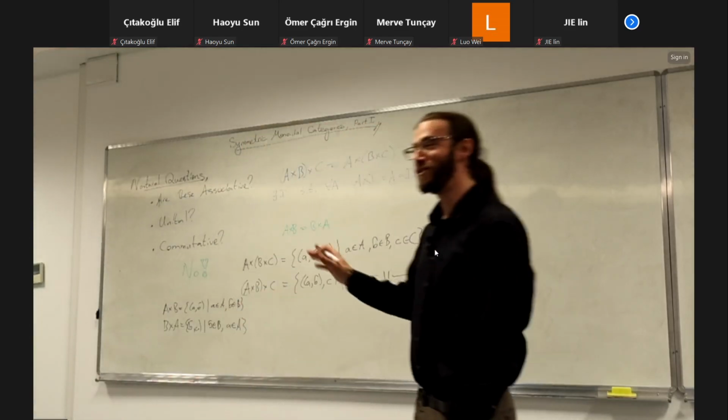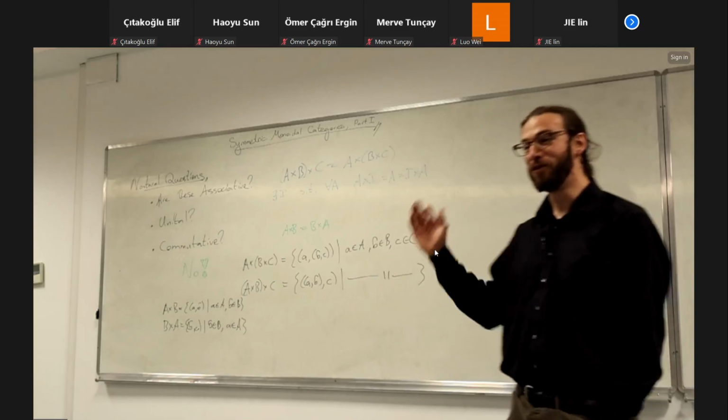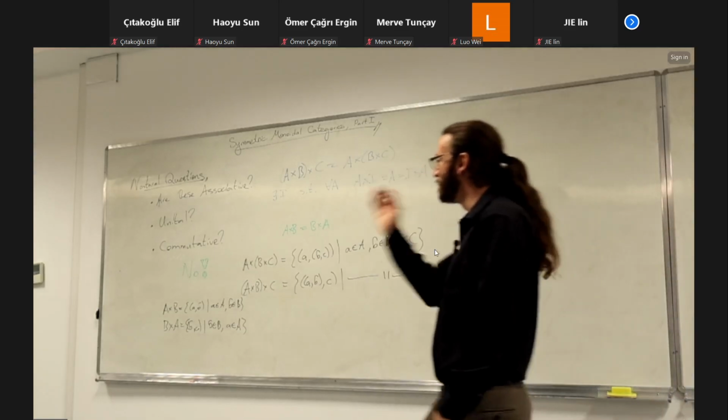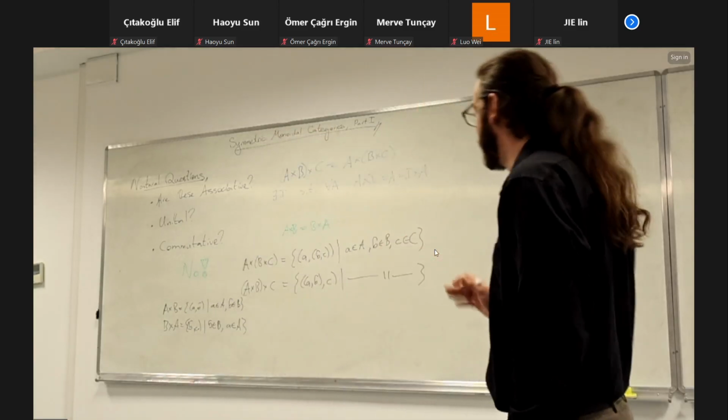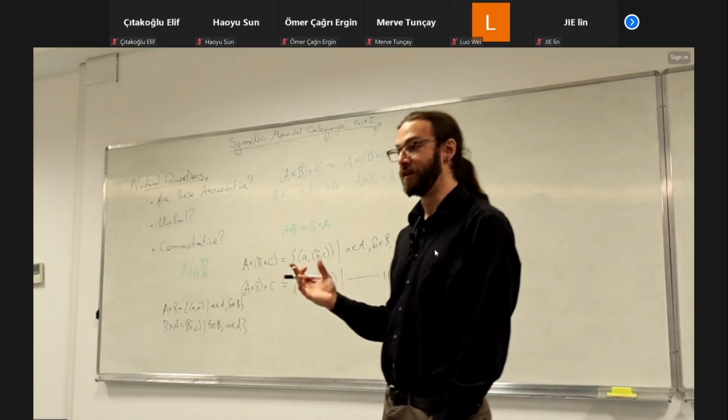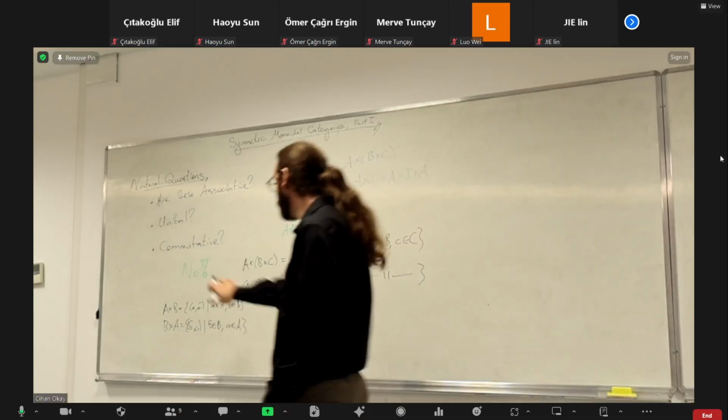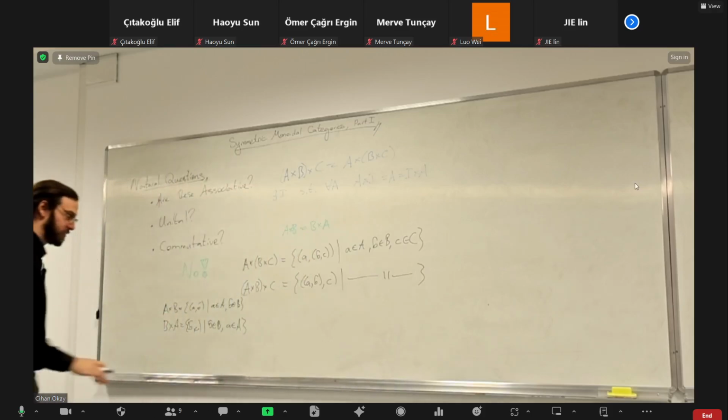In any reasonable moral way, you look at these and you say, yes, of course they're associative, unital, and commutative, but on the very technical level, they're not. You have to actually do something to, say, commute these past each other.